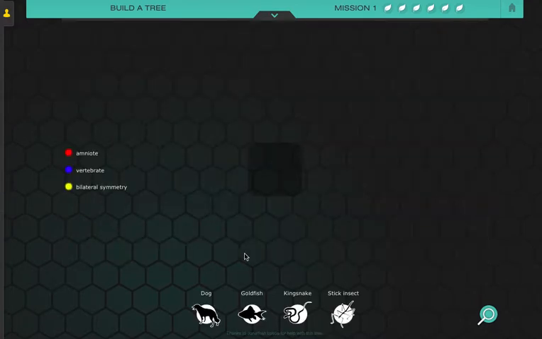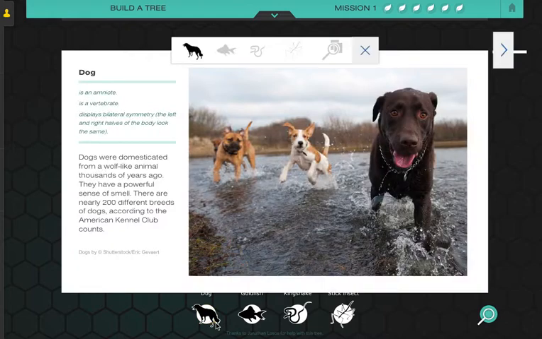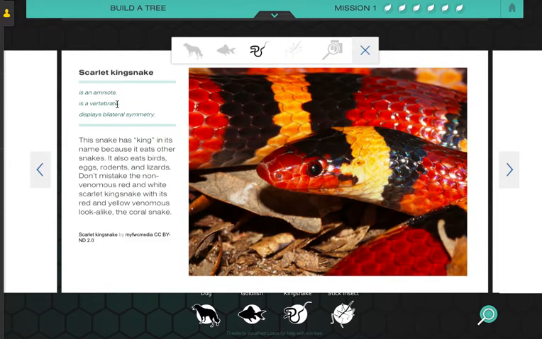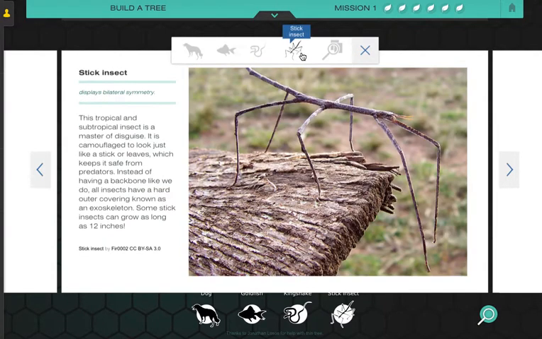Let's go to a little bit more complex one. Here are our three traits: amniote, vertebrate, and bilateral symmetry. Let's look at our dog: amniote, vertebrate, bilateral symmetry. Goldfish: vertebrate, so it is supported by a single backbone, and bilateral symmetry. Then another with amniote, vertebrate, bilateral symmetry, and only bilateral symmetry.